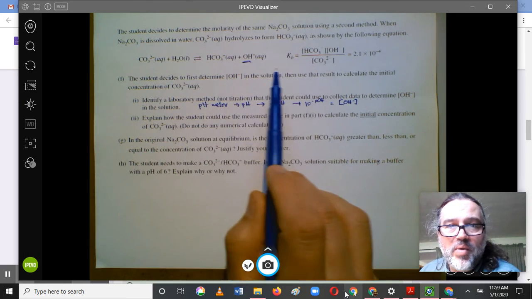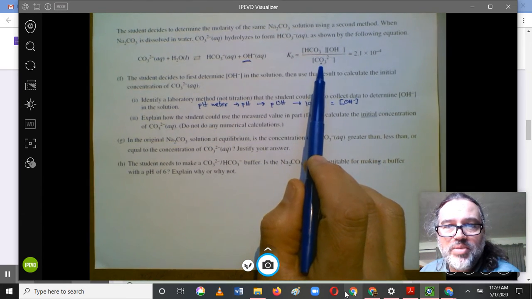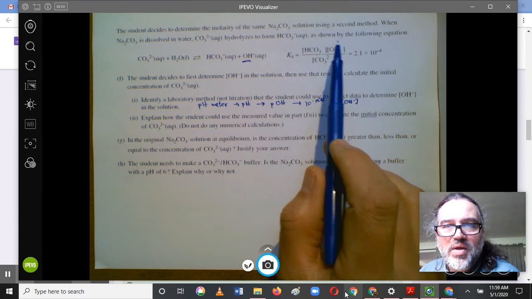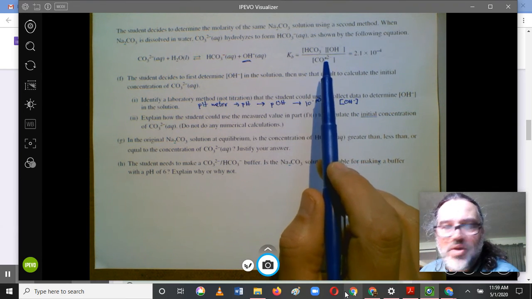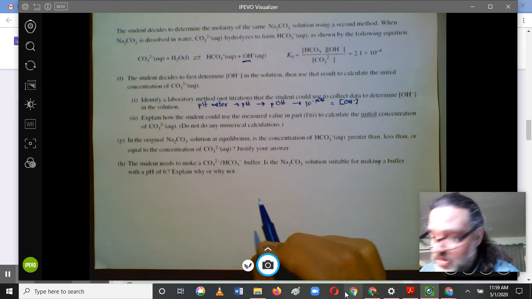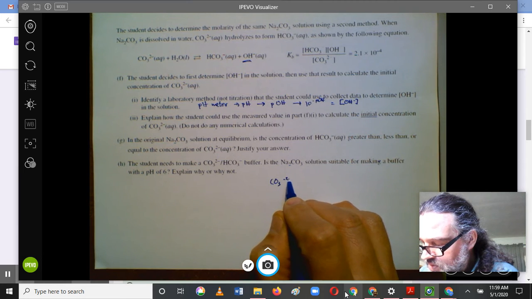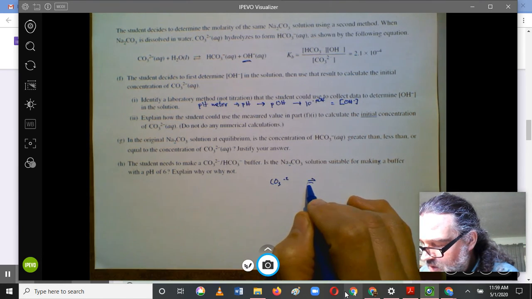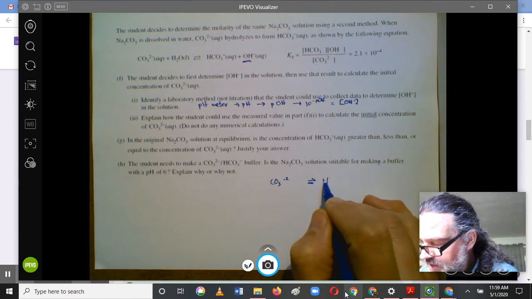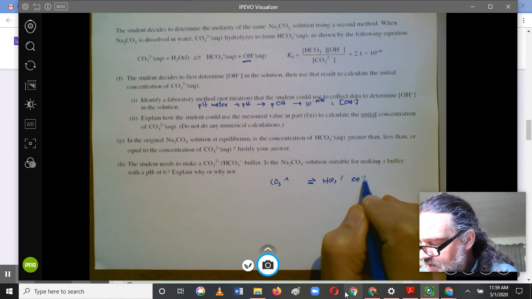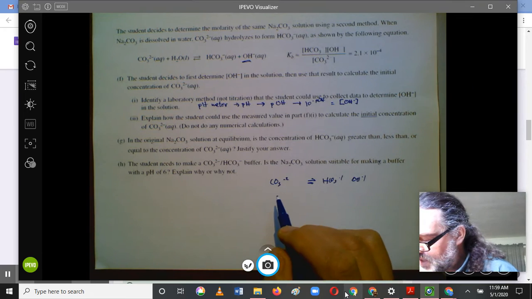We know something about it at equilibrium because it falls into this expression, and we know these pieces of information, but we have to know it before. That's going to require an ICE box. And so if we have CO3 2-, and we'll ignore the water because it's not going to change, we get HCO3 minus and OH minus. Let's go through and think about what that ICE box would be.